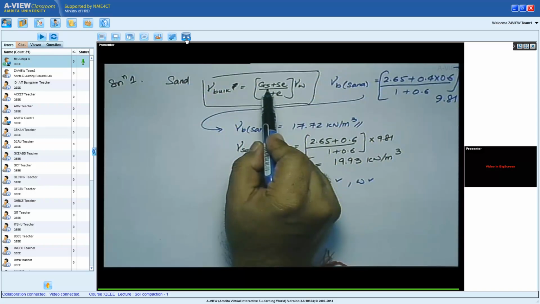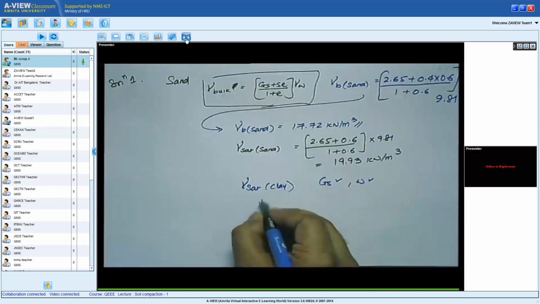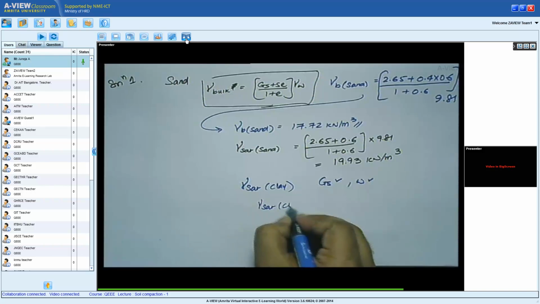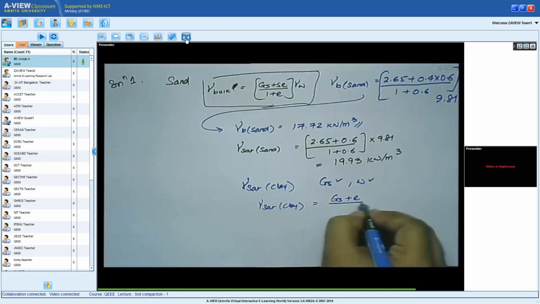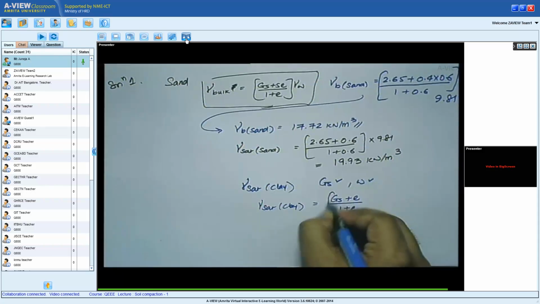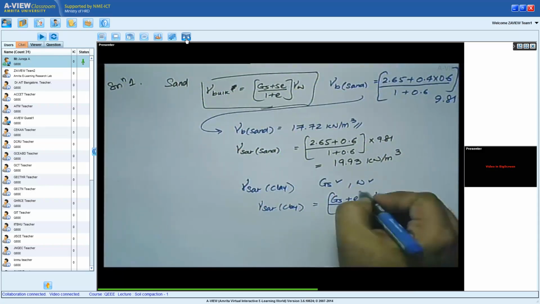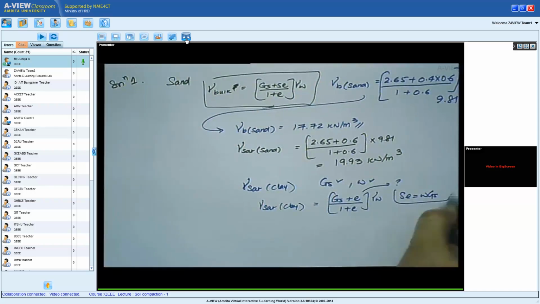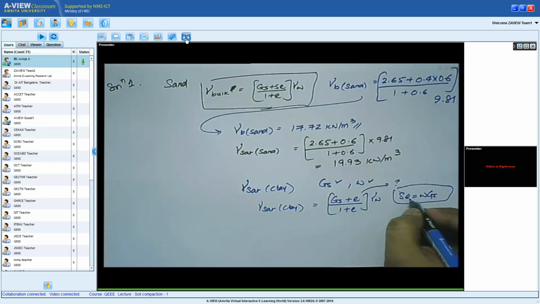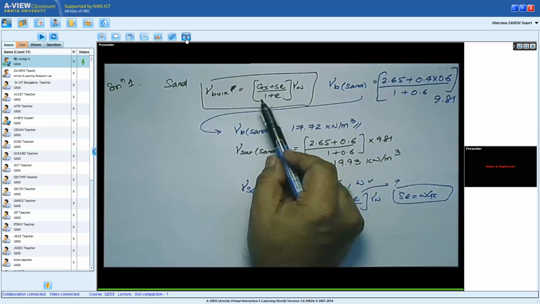If I use the same expression, I have gamma saturated for clay equals GS plus e divided by 1 plus e, times gamma W. e is not given, but if you recall your first lecture, I had Se equals wGS. Remember, this equation is important.